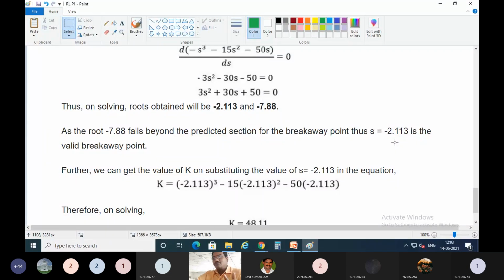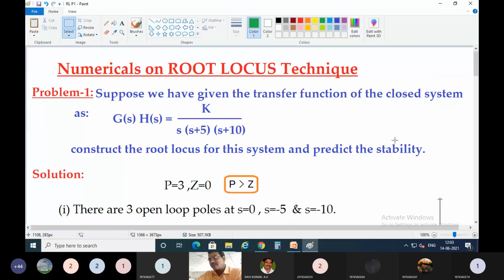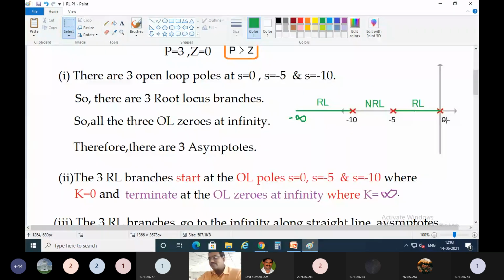One root locus branch starts at 0, another root locus branch starts at minus 5. They are moving like this and they are going to meet at one point. That point is called the breakaway point, minus 2 point something.